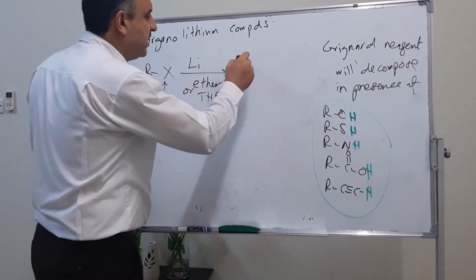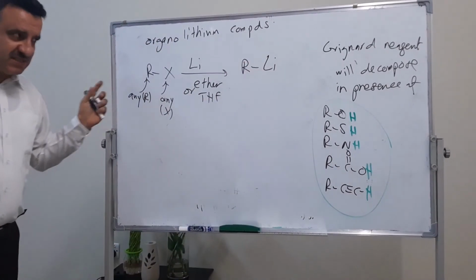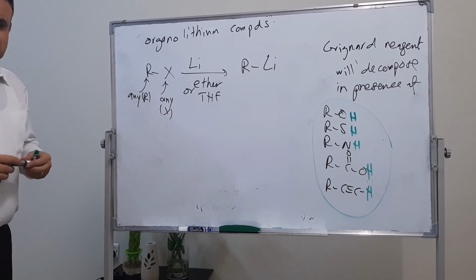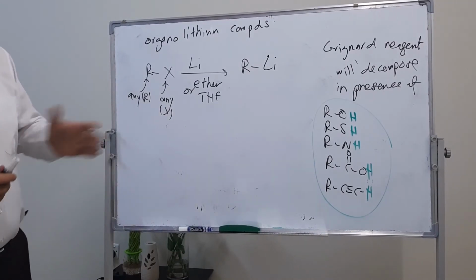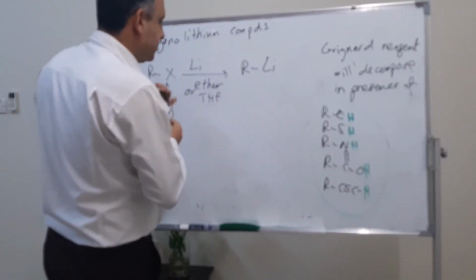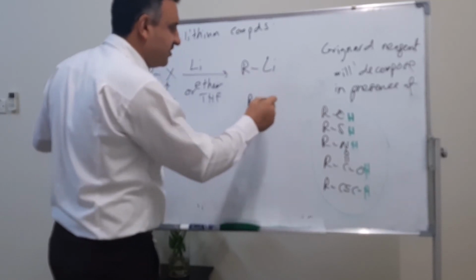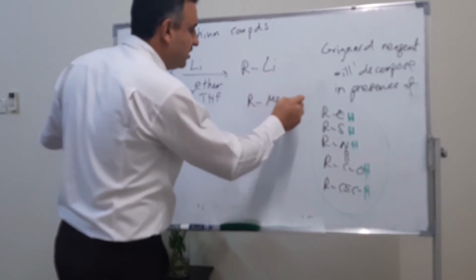What we are going to get is R lithium. Whatever we said about the Grignard applies here. The only difference is the Grignard was RMgX, because magnesium is in the second group, but lithium is in the first group.